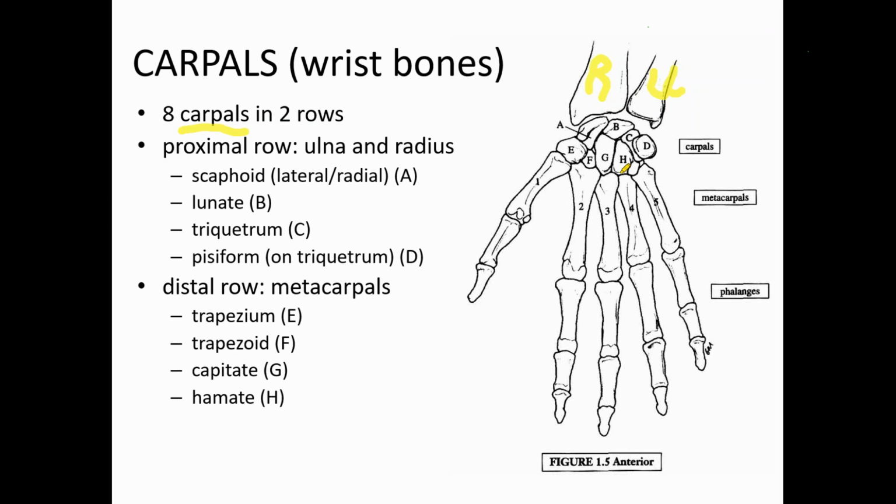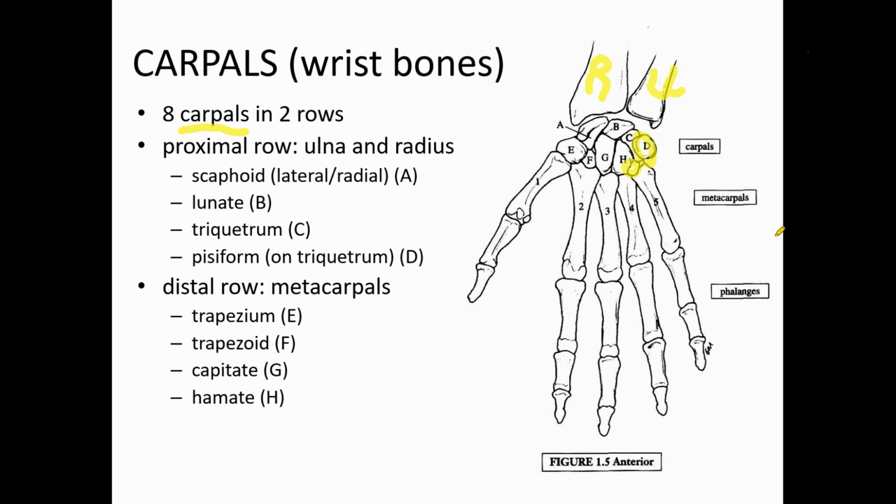You should feel another bump. That is called the hook of your hamate. So you're starting on your pisiform and you're going to end up on this bump. That's the hook of the hamate. It's quite a prominent bump in the carpals as well.